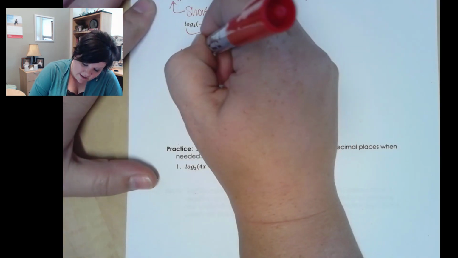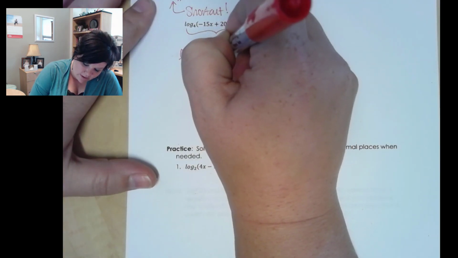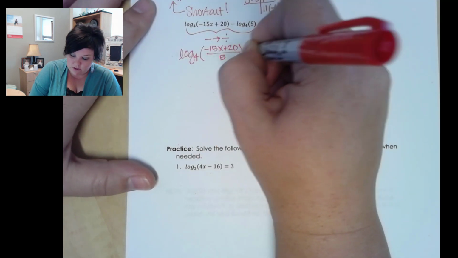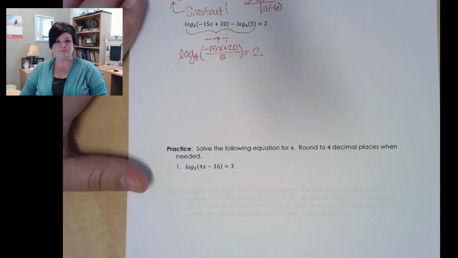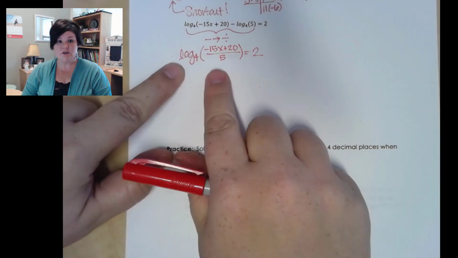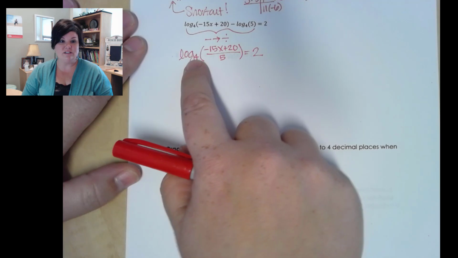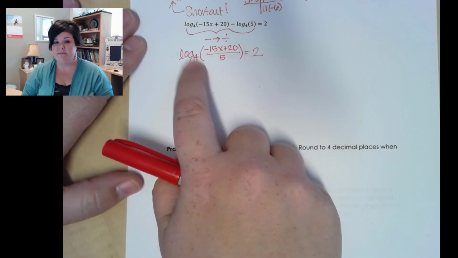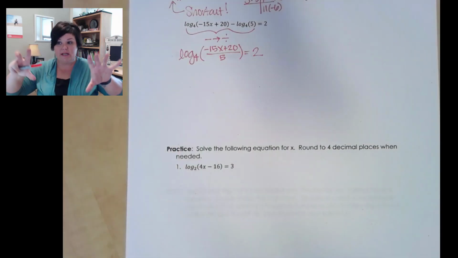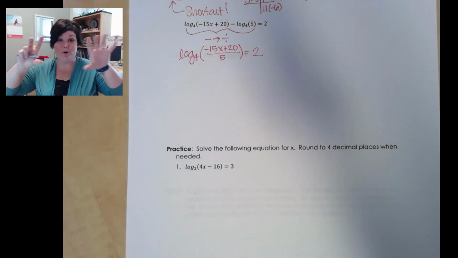So I have negative 15x plus 20 over 5 inside my log base 4 is equal to 2. Okay, so now that I've condensed it into one log term, now I can use the exponential base to cancel out this log. So since this is log base 4, I want to put in an exponential base 4 on both sides.